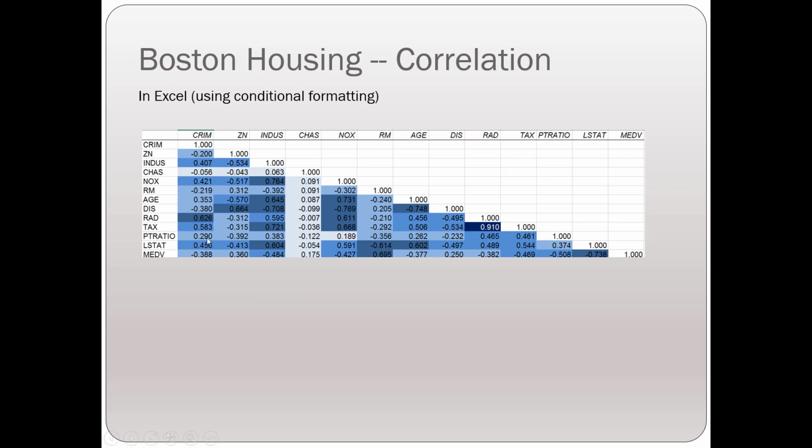We generate a correlation matrix and then do conditional formatting to highlight correlations that are large in absolute value, either highly correlated on the positive side or on the negative side. The higher the correlation between independent variables, there will be presence of what is called multicollinearity. We'll talk about multicollinearity later on.